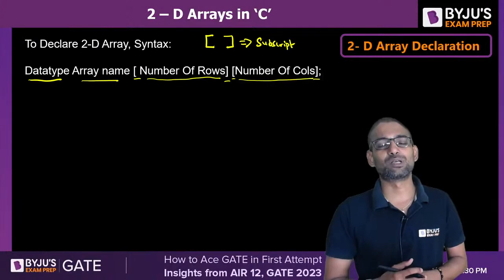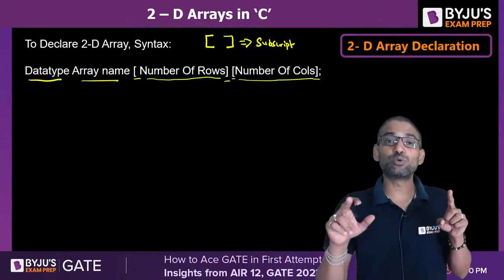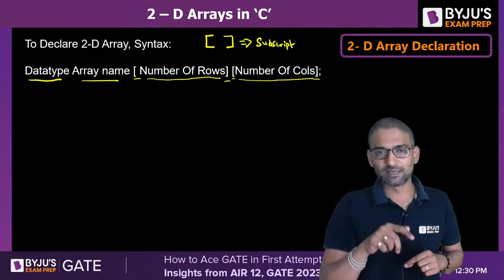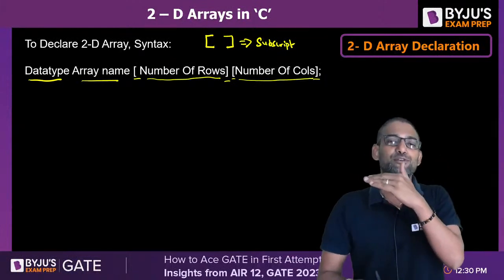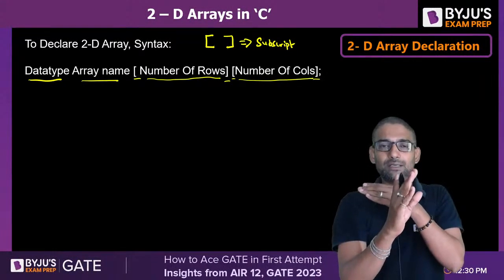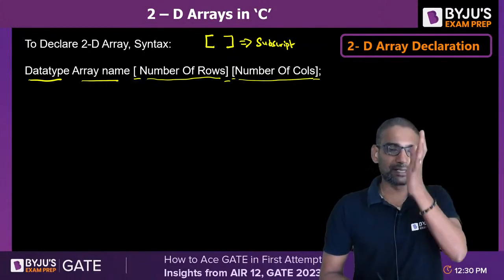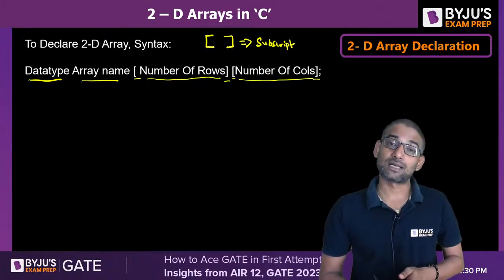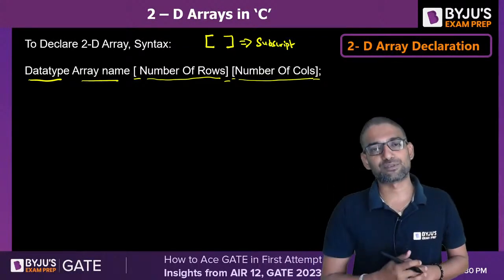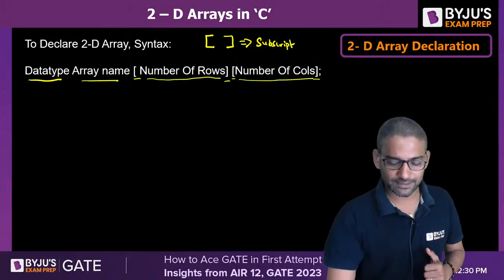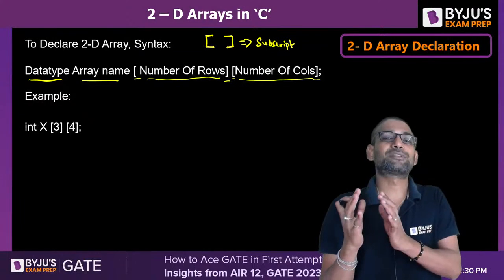Rows, columns is what the general terms we use for the 2 dimensions. Generally, when you take 2 dimensions, one is the horizontal dimension, other is the vertical dimension. Horizontal dimension we usually call as a row, vertical dimension we usually call as a column. So how many rows and how many columns, that we have to mention. For example, you can see int x[3][4].